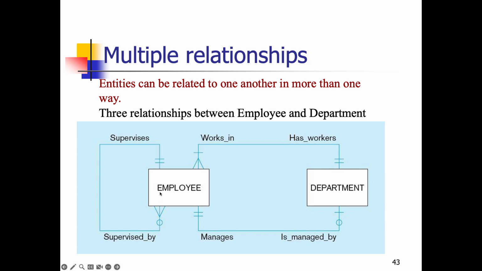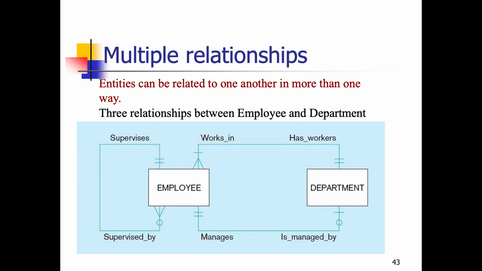Each employee can supervise 0 or many other employees, and that is why you see this sign here. This is the optional part and this is the many part. And each employee can be supervised by one and only one supervisor. So we cannot have an employee with no supervisor, or more than one.